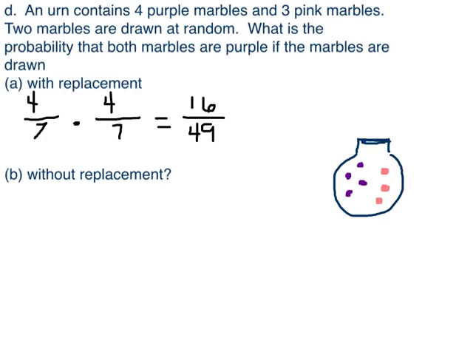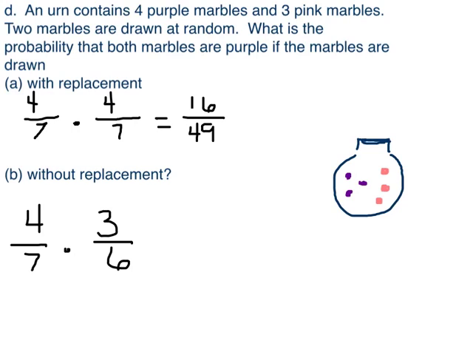probability of that. Now, if, in fact, we do not replace, then the first one stays the same. We have 4 out of a total of 7. But then let's say that one of those purples that we took out, we do not replace. Now we have a total of 6 marbles, and of those 6, 3 are purple.